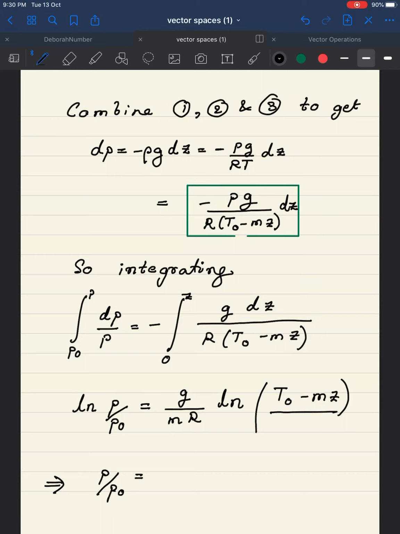On the bottom the value of z is 0, so this you'll just get as T naught.